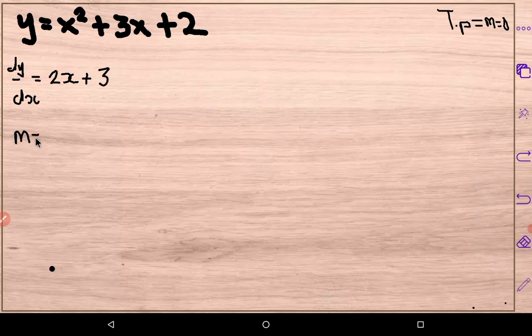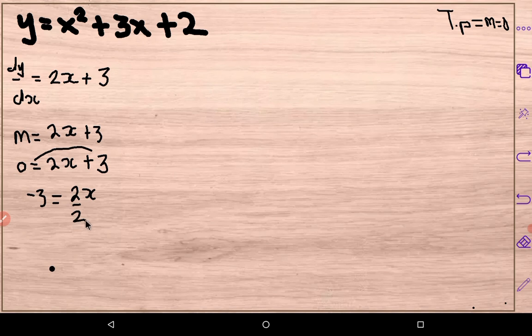So now that we have this, this is the gradient function. The formula for finding the gradient is 2x plus 3. Now remember what we said, at the turning point the gradient is 0. So you solve for x now. Take the 3 this side, and this is going to be negative 3 is equal to 2x.